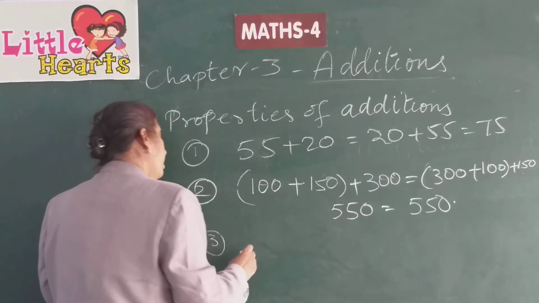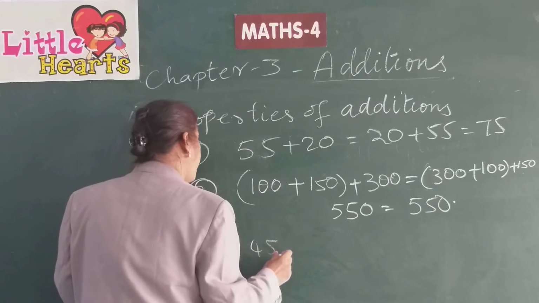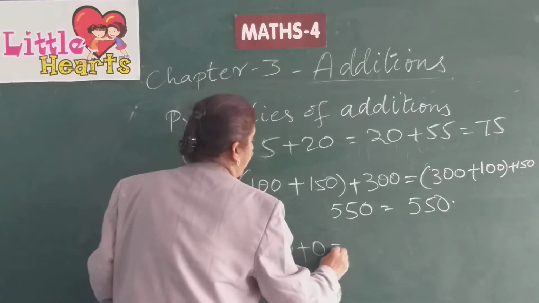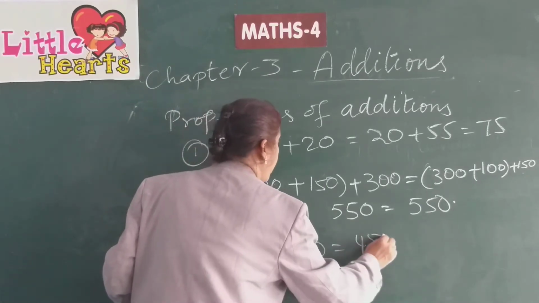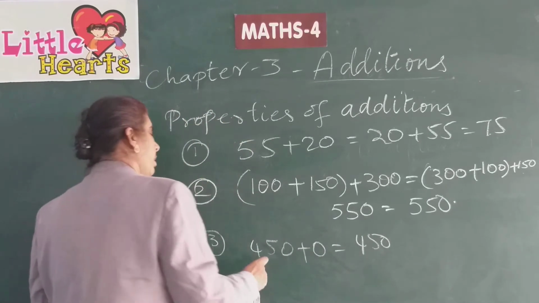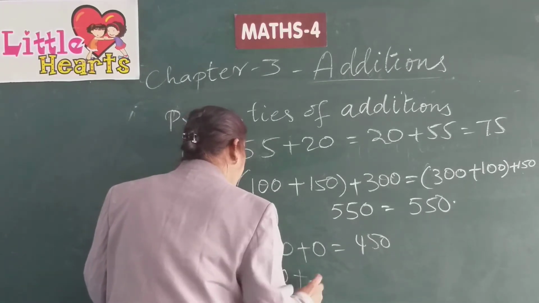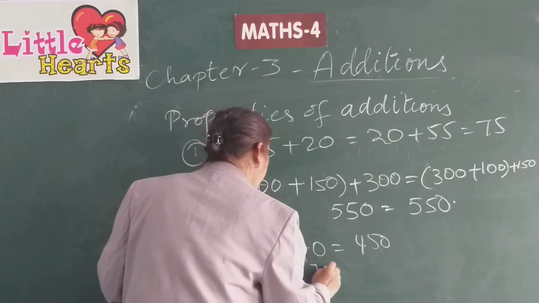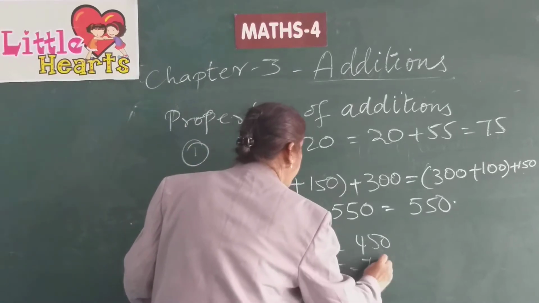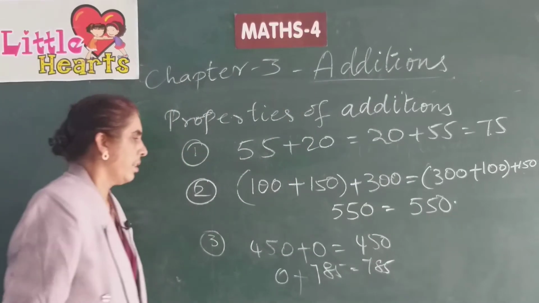If 0 is added to any number, or any number is added to 0, we get the same number.